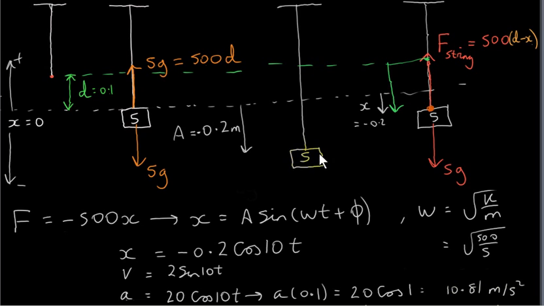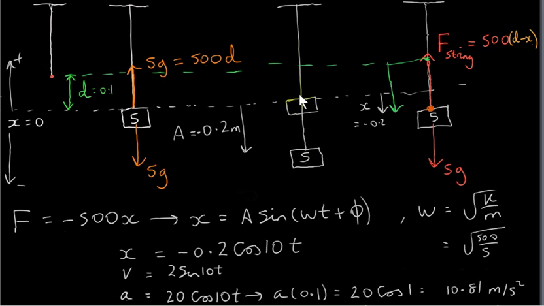By the way, there is one point about this situation that differs from a mass on a spring. Basically, we do not have a spring, we have a string. So when the mass passes through its equilibrium position, it's moving up, the string cannot be compressed. So simple harmonic motion really only occurs when the mass is moving towards the equilibrium position just after it's released.